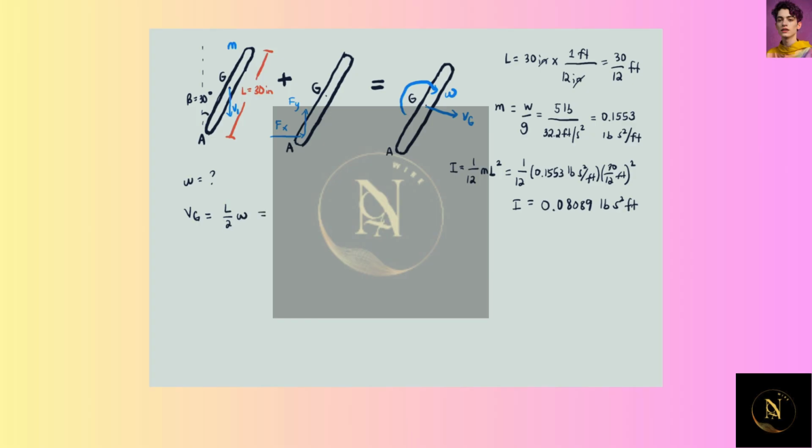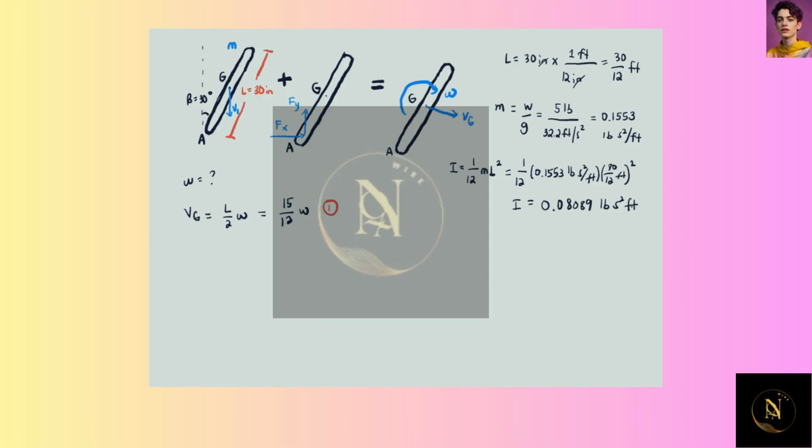And since L is 30 inches, this is equal to 15 over 12 omega. So this is our equation 1.